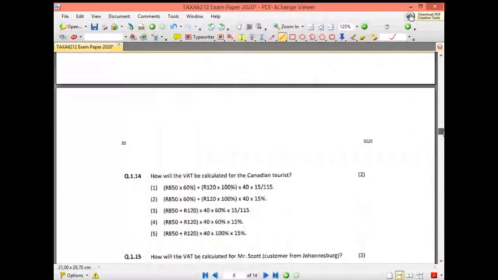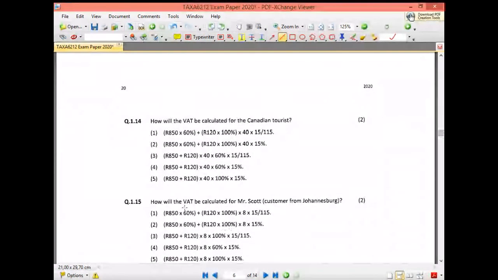Let's see what options would have that. If you look at how they've worked it out, they said 60%, 60%, 100%. So we see they've apportioned different percentages or rates here.